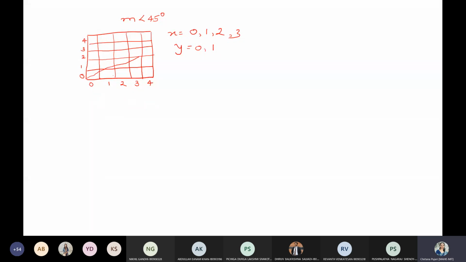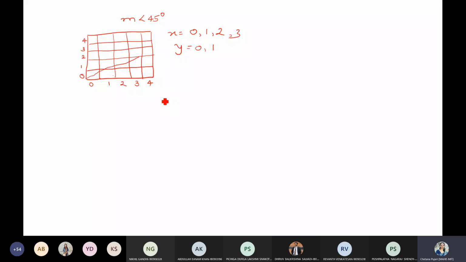When m is equal to 1, at that time we need not worry much, because your x is incrementing at every iteration and y is also incrementing. So your next value of x and y will obviously be whatever value you had previously plus 1, as we are dealing with only integers in the case of your raster screen.